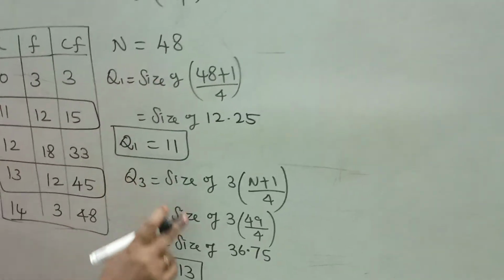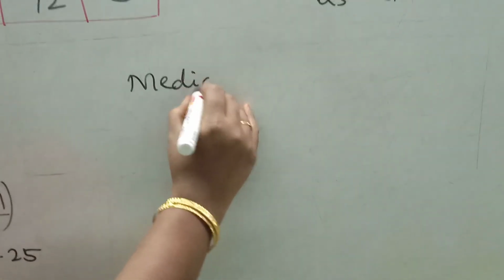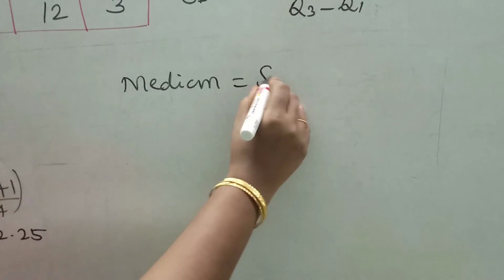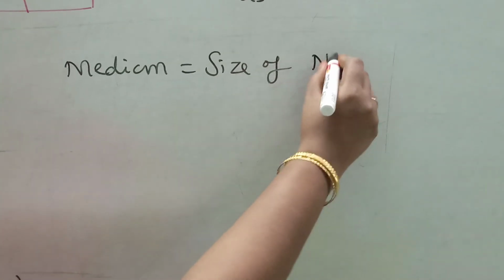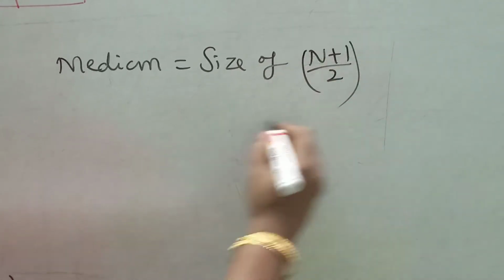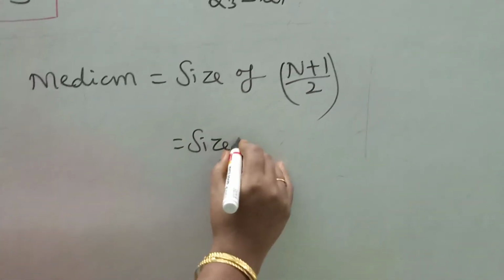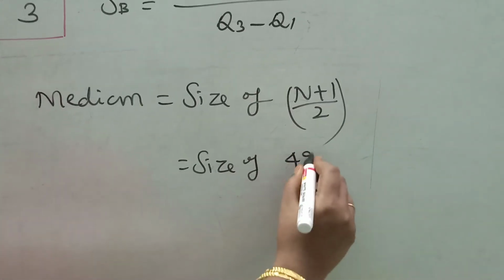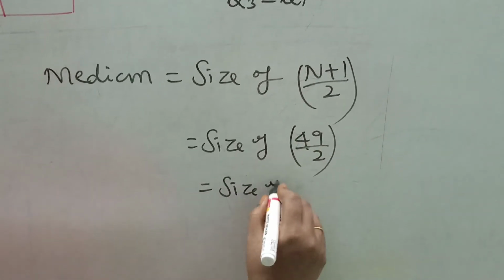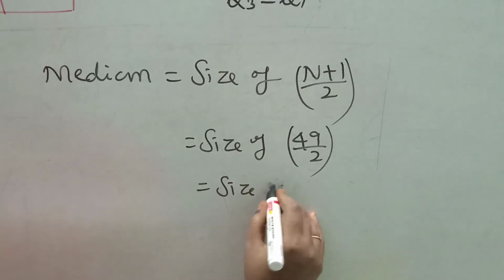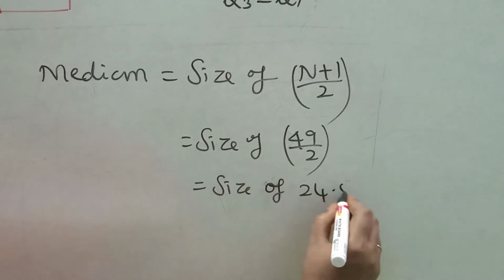Next we should find median. Median value is size of (n plus 1) by 2. N value we already know. N value is 48. 49 by 2 value is 24.5.